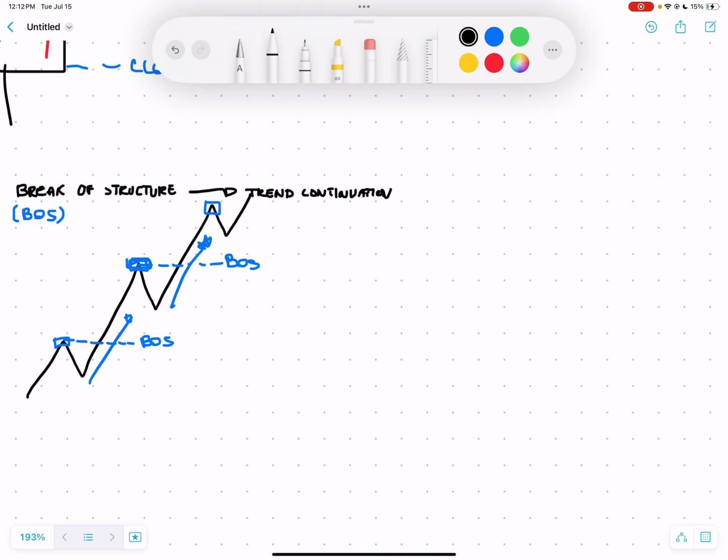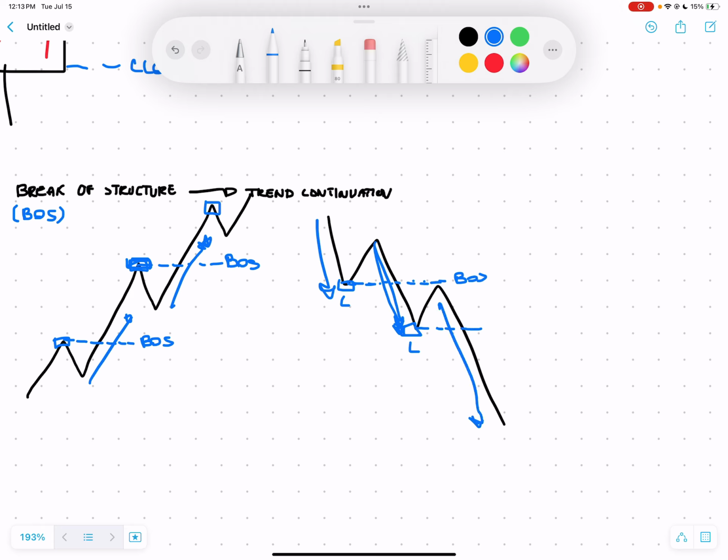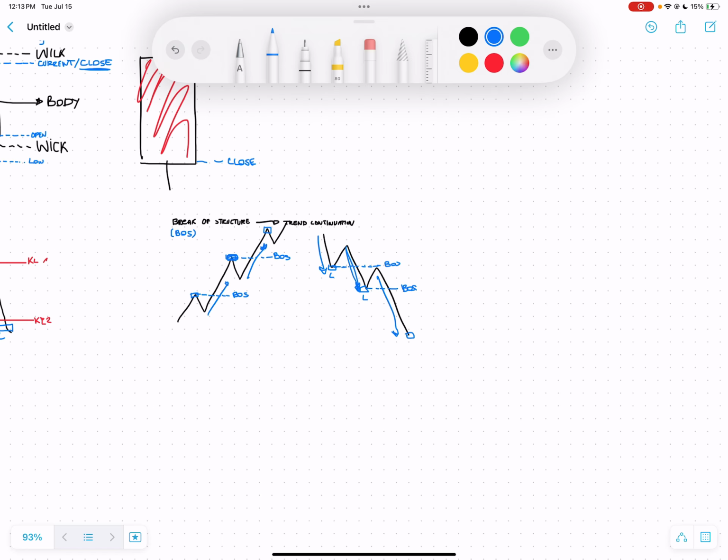Now, if I was to say the opposite for a downtrend, whenever you have a low that's being broken to create another low, because this low broke, so we have a low right here, and then we created another low that's lower than the previous one, we would have here the break of structure. And then we create another low, which ends up being broken to create another low. This would be our break of structure. Simple as that. It just means continuation in the trend.